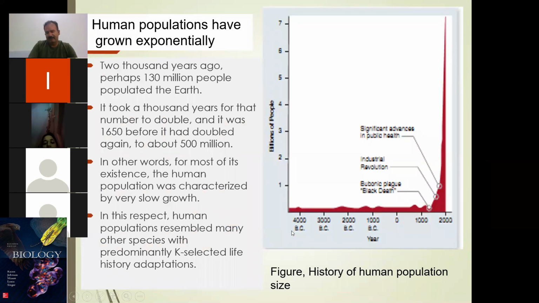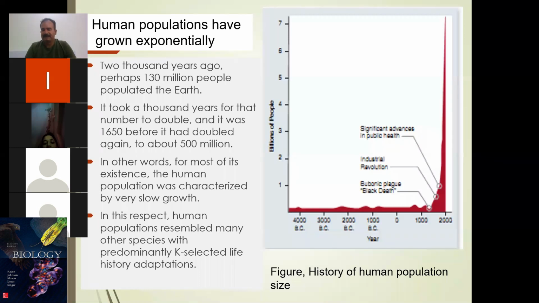You can say 400 years before Christ, the human population on this planet was approximately 100 million individuals. That population was quite sustained during that period of history. In the 15th century, there was bubonic plague, also known as the Black Death.